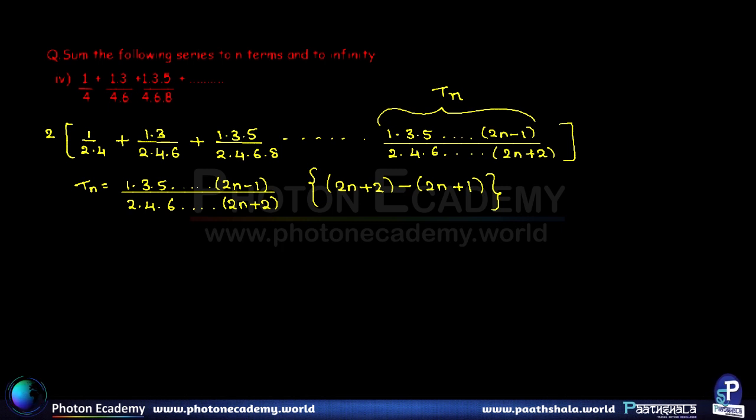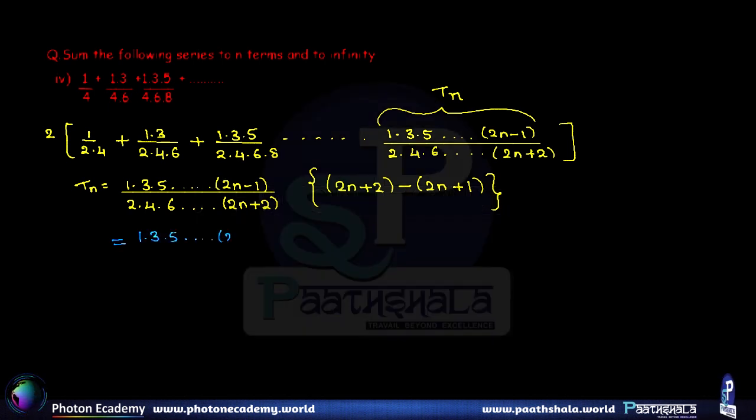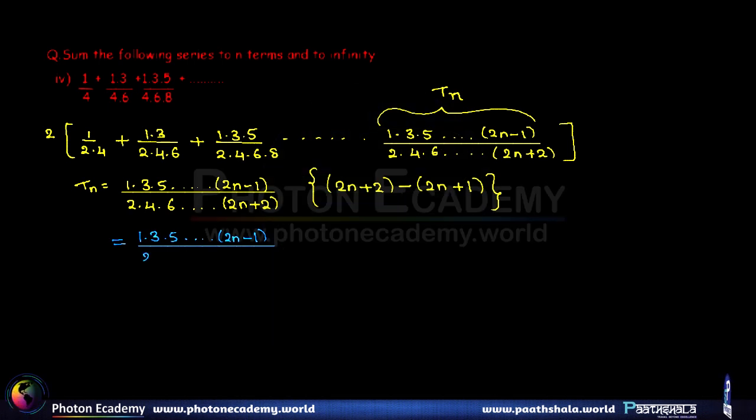So 2n and 2n will get cancelled, and 2 minus 1 we have as 1. So it's just multiplying by 1. And then we are left with 1, 3, 5 all the way to 2n minus 1, divided by 2 into 4 into 6, and the 2n plus 2 and 2n plus 2 will get cancelled in the first term, and we are left with the previous term, which will be 2n.